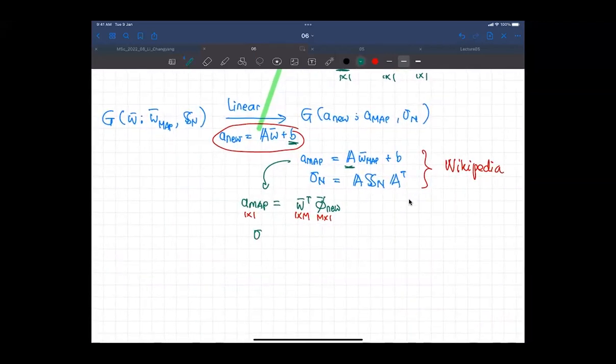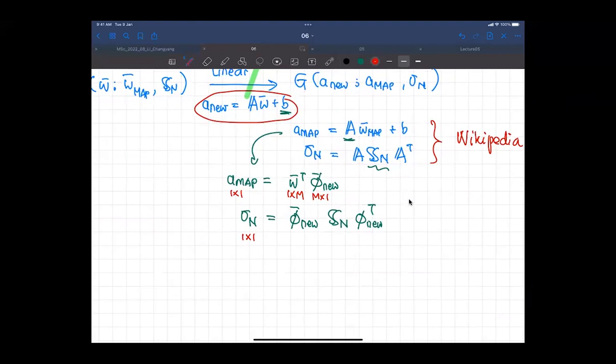Now, that one is simple. How about sigma n? Sigma n is A, and A is again phi nu, right? We know that one. S_n is S_n. A transpose is phi nu transpose. But let's check the dimensionality for the correct expression. This one is 1 by 1, correct? The standard deviation is 1 by 1, right?